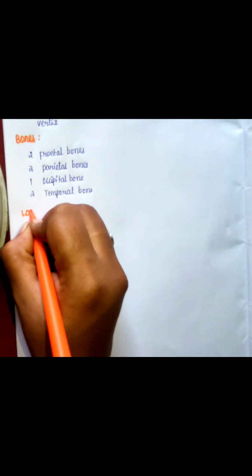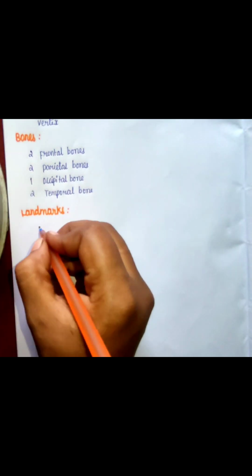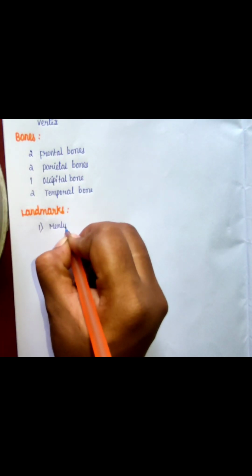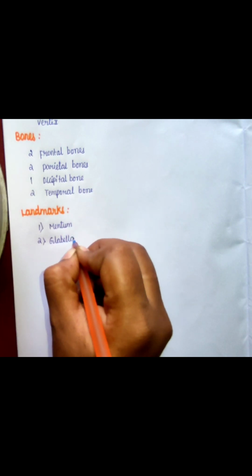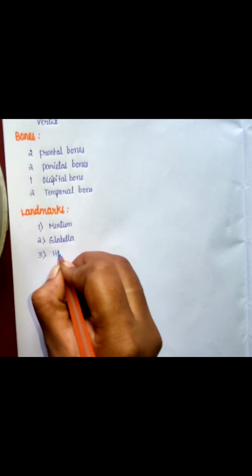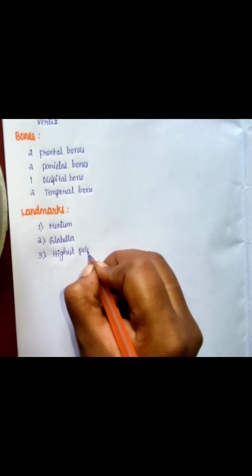Next we are going to see landmarks of the fetal skull. It is a most important viva question. First one is mentum and second one is glabella. Third one is the highest point of vertex or sagittal sutures.